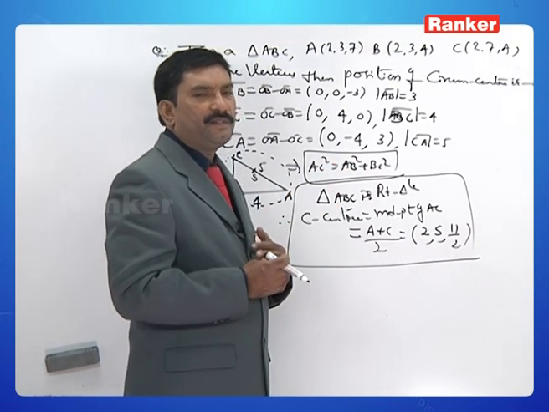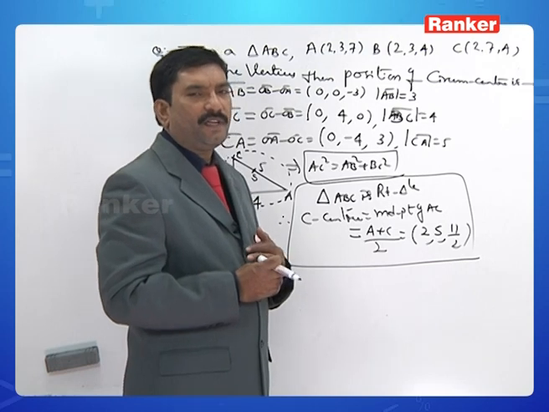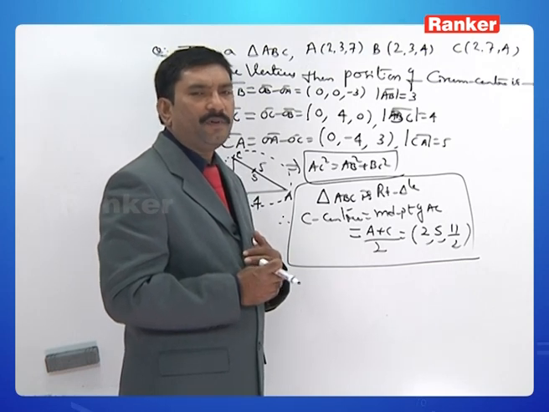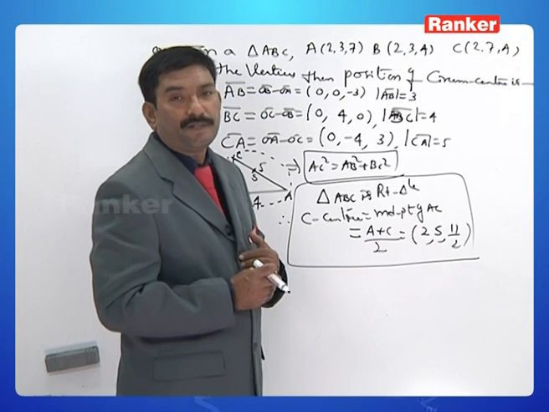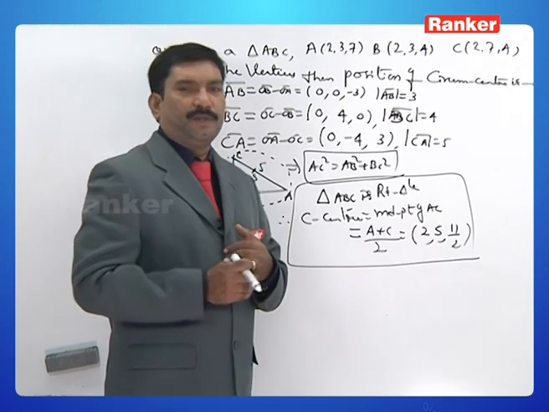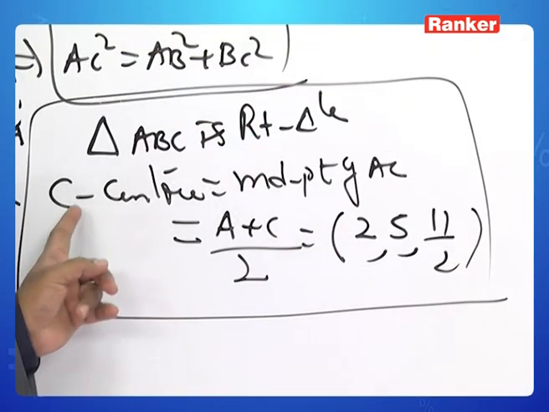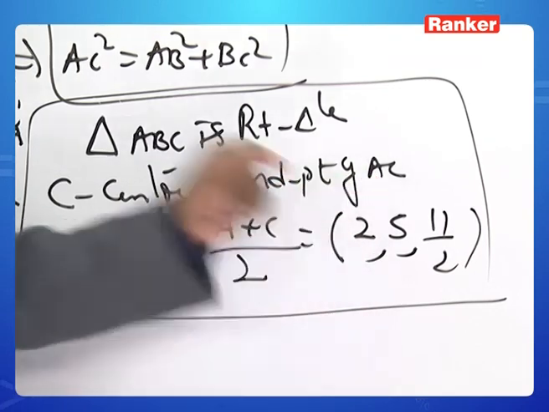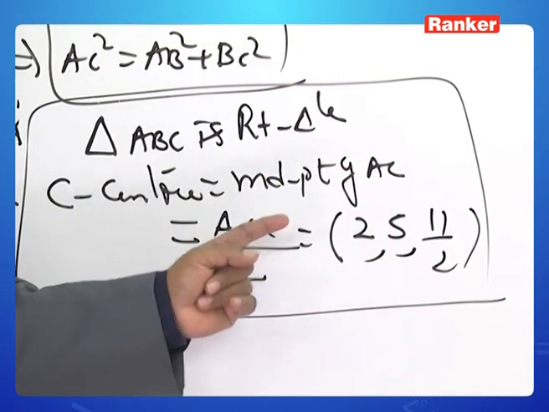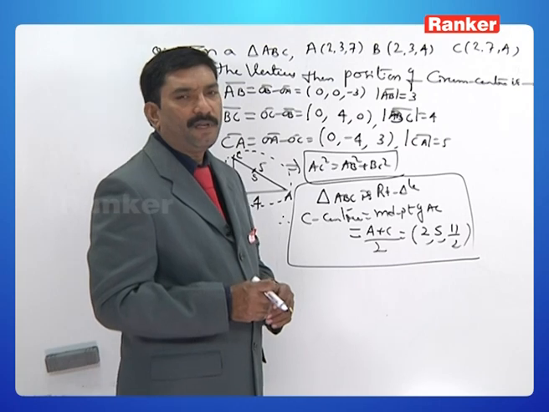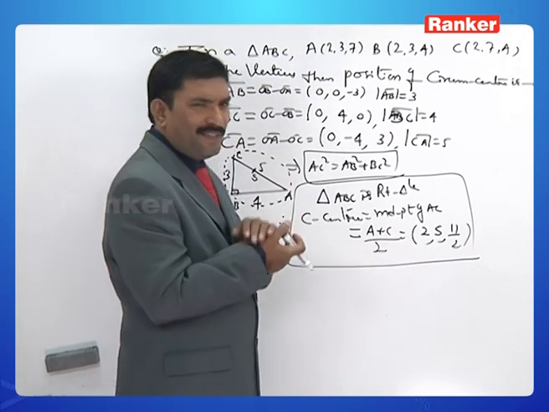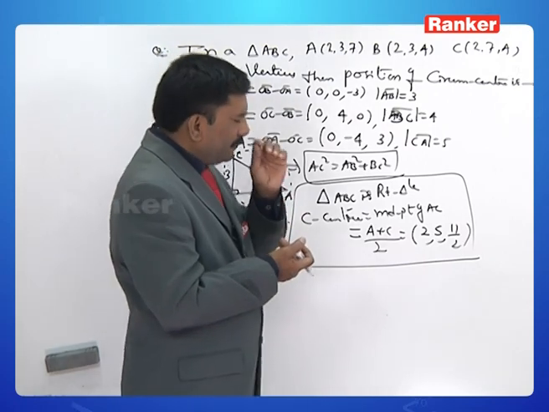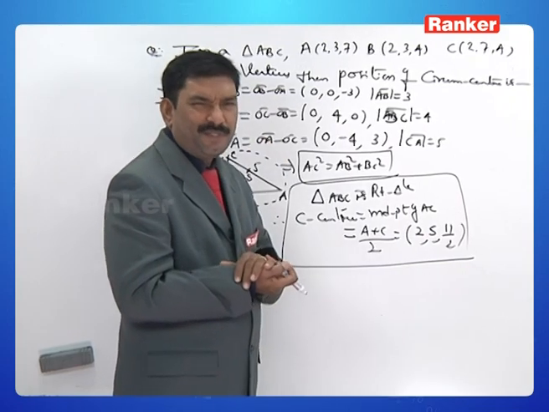If it satisfies, certainly it is a right angle triangle. The midpoint of the hypotenuse is the circumcenter. So the circumcenter is equal to the midpoint of AC. So (A plus C) by 2 gives 2, 5, 11 by 2. That's the first method.